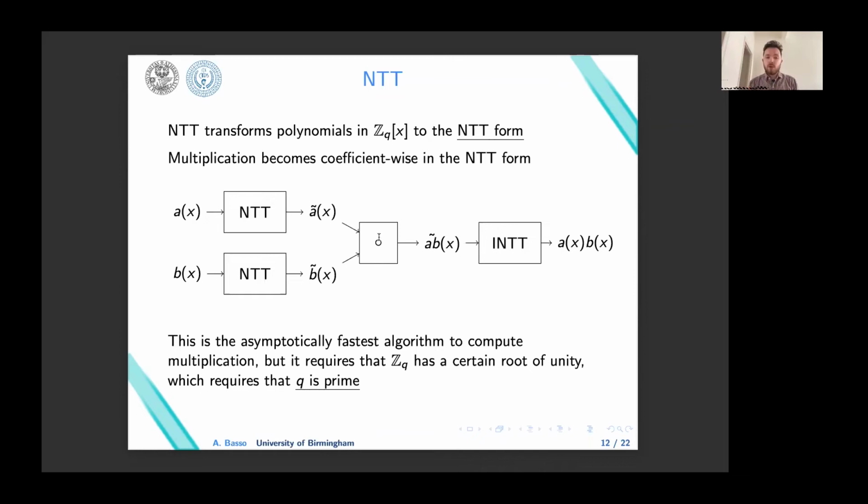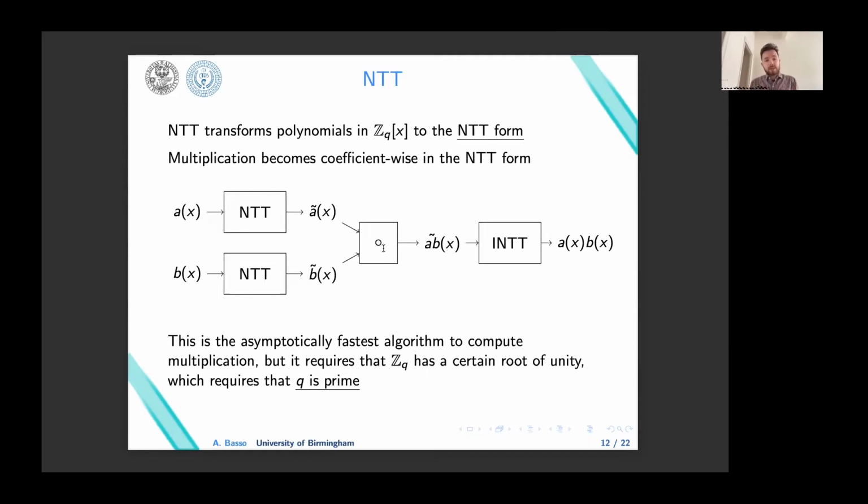And then the nice part is that if we apply the inverse NTT, which is exactly the operation that maps a polynomial from the NTT form to its original form, what we get is exactly the product between A and B. This is very efficient because the NTT operation has complexity O(n log n), and the coefficient-wise multiplication has complexity O(n) because it is just linear in the number of coefficients. So this is asymptotically the fastest way to compute polynomial multiplication.